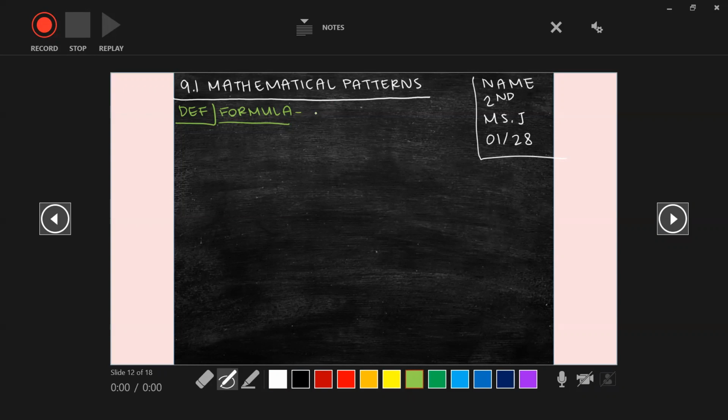So there is going to be a variable, which is something that we don't know. So it will be a variable equation.